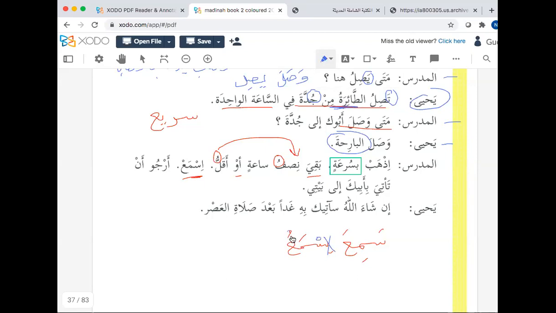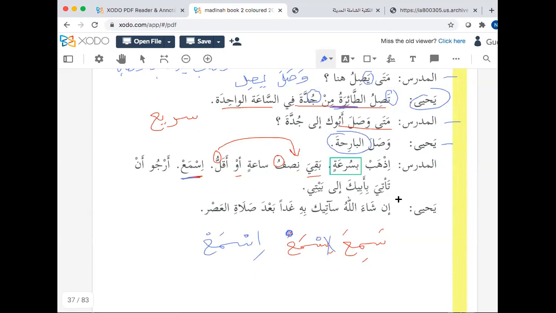Put the sukoon on the end because it's majzoom. Then you have sin like that, and you're stuck. You can't say anything, so you have to put alif in the beginning to get it moving, and you say isma. Then he said to him, isma means listen.